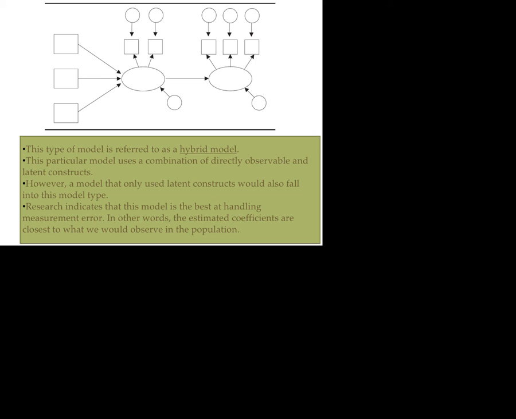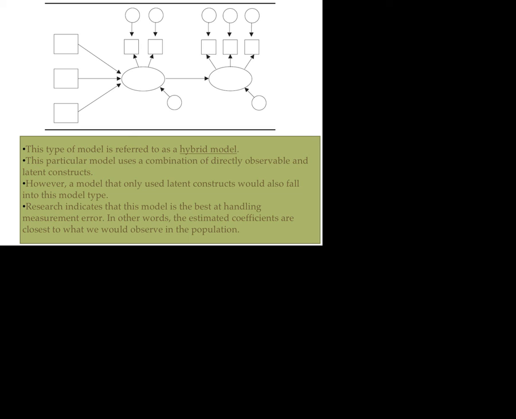The advantage we'd have here is that the relationship between here and here would be the true relationship after we remove the measurement error. Here, we're not removing measurement error between here and here because we're not removing the measurement error that we have here. But between here and here, we removed all of the measurement error, so we would have some confidence in that.